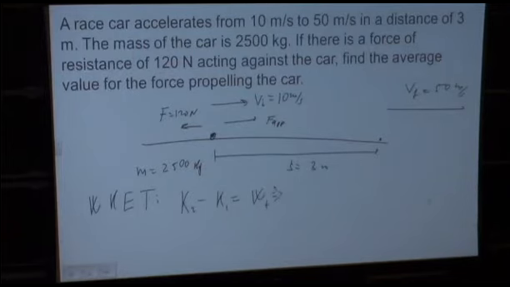Hence, 2,500 times final speed squared divided by 2. That's the way we're calculating final kinetic energy, minus 2,500, same mass, times the initial speed, 10, speed squared divided by 2, supposed to be equal to.